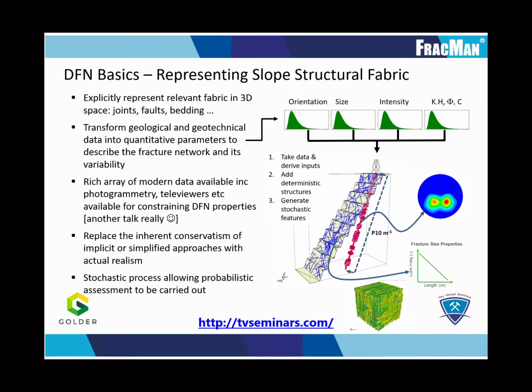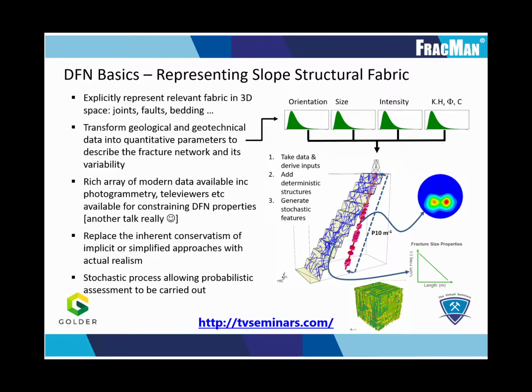With DFN modeling, we want to replace the inherent conservatism of implicit or simplified approaches with a greater degree of realism. For a simple example here, we have a borehole defining fracture frequency and also orientation properties, along with mapping data that defines the length distribution of structures.